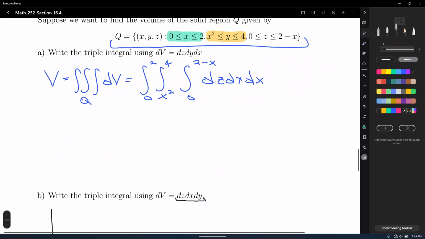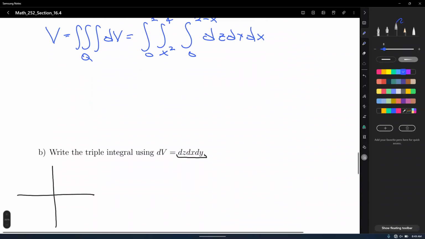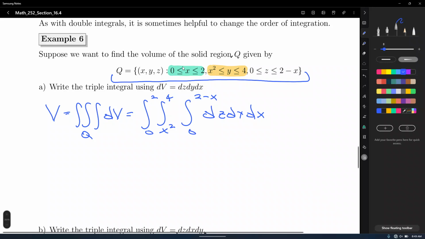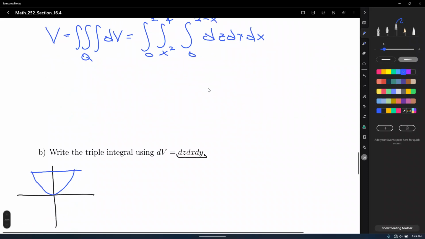We have, in the y direction, bounded above by the horizontal line y equals 4, and bounded below by the parabola y equals x squared. However, we don't want both sides of the parabola, because the limits of integration in the direction of x only go between 0 and 2.